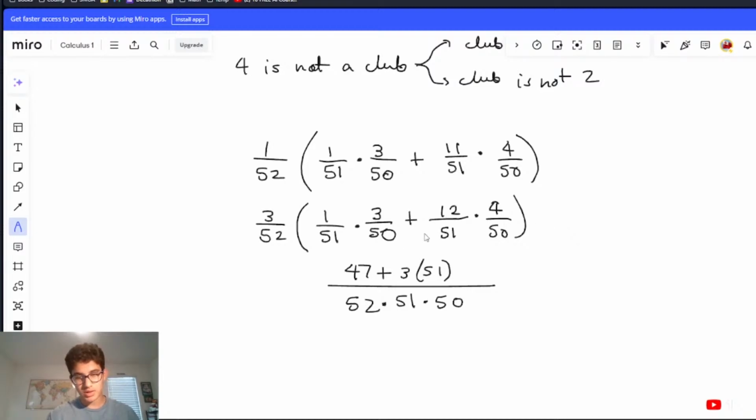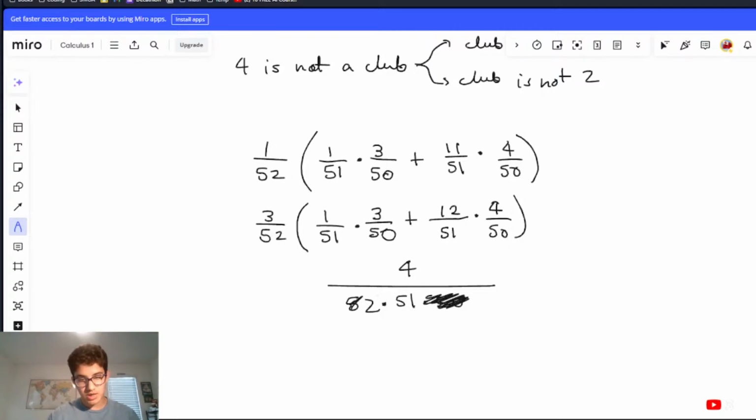Yeah, 1 second. 48, 51 times 3. That's 153, right? 153. So that cancels out nicely, actually, very nicely. 47 plus 153 is 200. So this becomes 4 and the 50 will just go away.